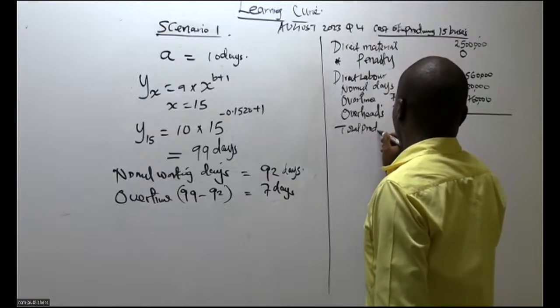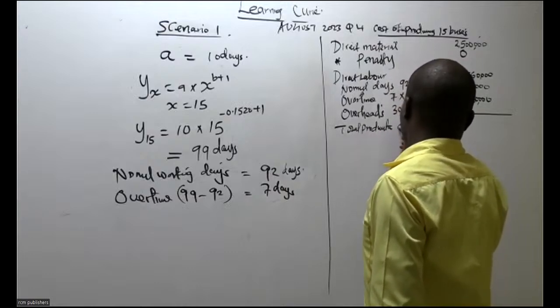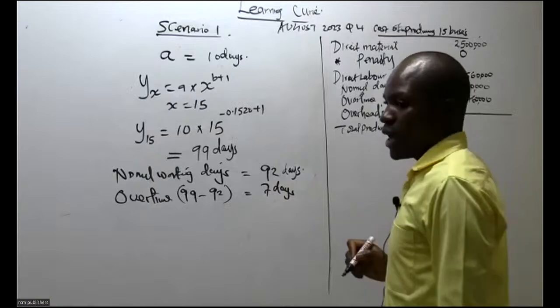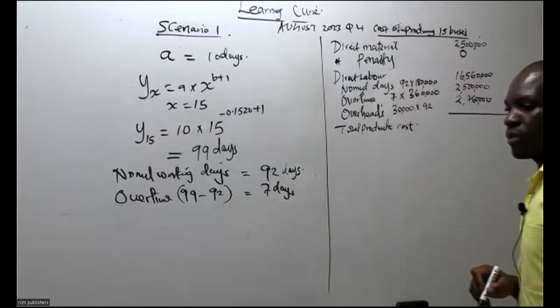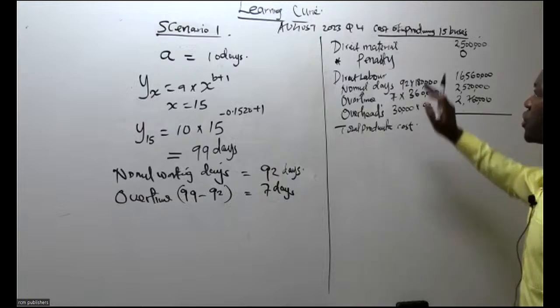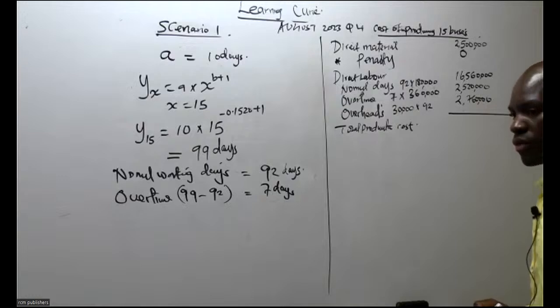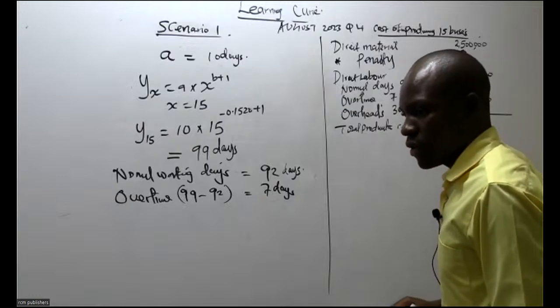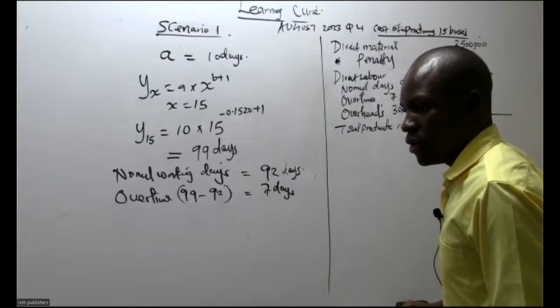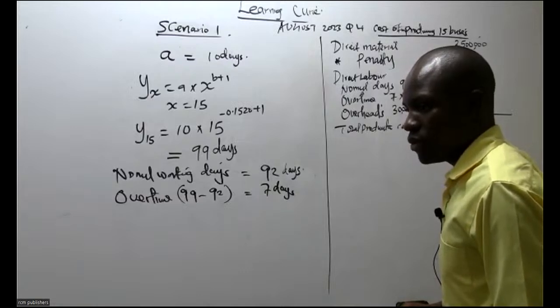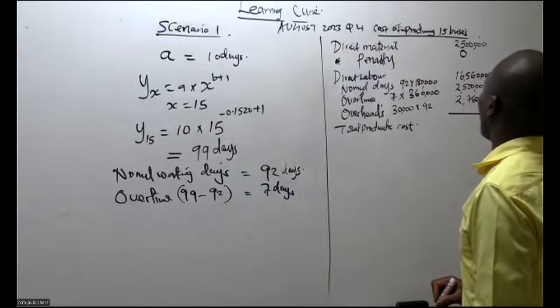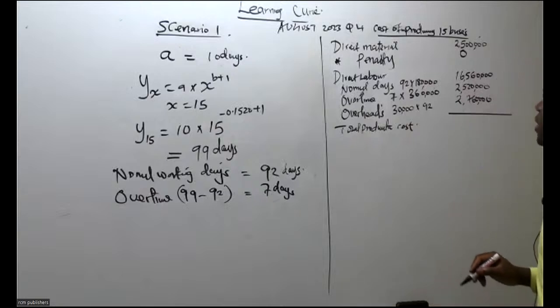Total production cost of 15 buses under scenario 1. How much will we have? Direct material of 2 million per bus. Oh, well, thank you.